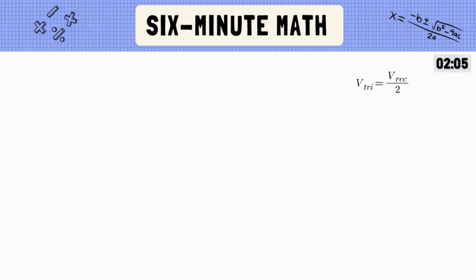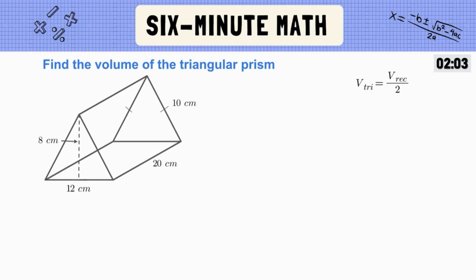On to our last example here. We're going to find the volume of this triangular prism. We have our length, our width, and our height. So let's find that volume of the rectangular prism. We have 20 times 12 times 8.